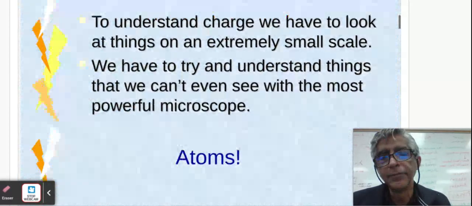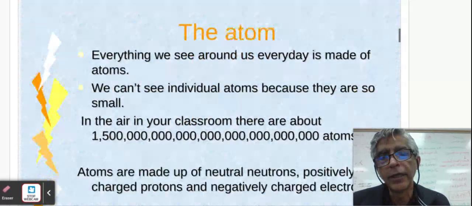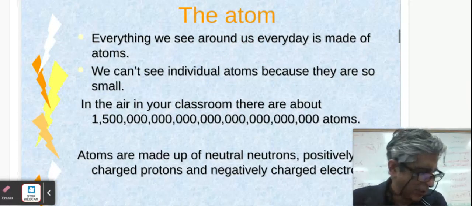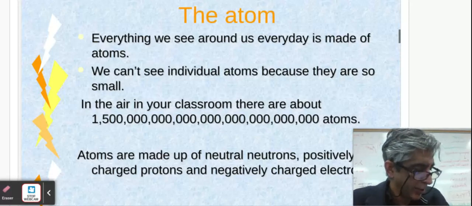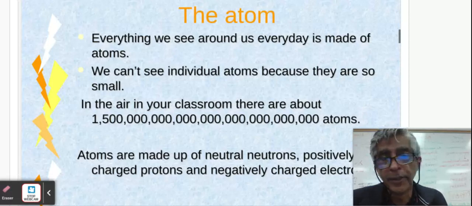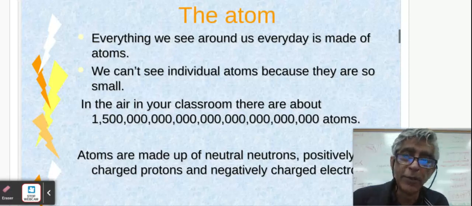Okay, so when we start to look at atoms, you can see that they're really, really tiny. They're spaced far apart compared to their sizes. And in the air in your classroom, there are about that many. I won't even try to read it.